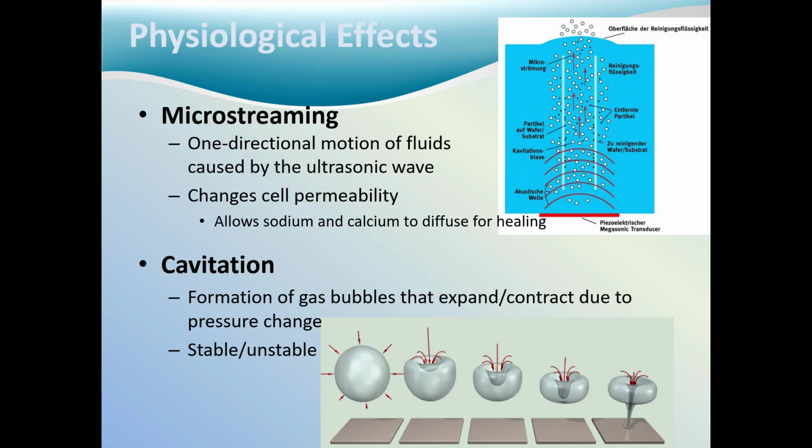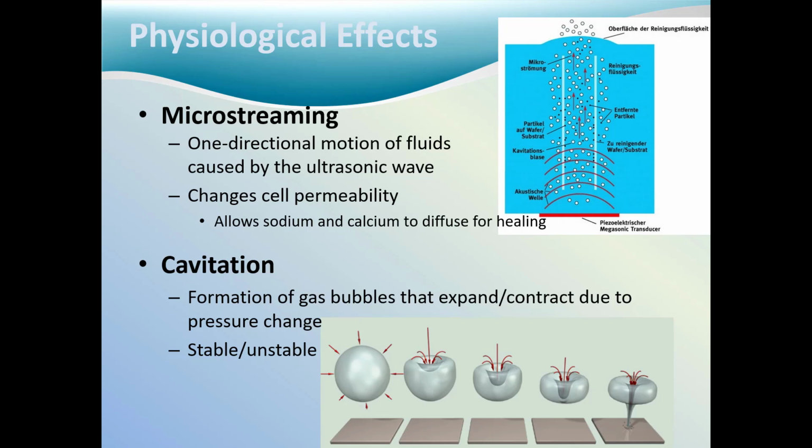Cavitation can either be stable or unstable. During stable cavitation, bubbles compress during high-pressure peaks and expand during low-pressure troughs, which create a desired effect. If the cavitation becomes unstable, then there is a collapse of the bubble during the low pressure point. This creates an undesired effect.